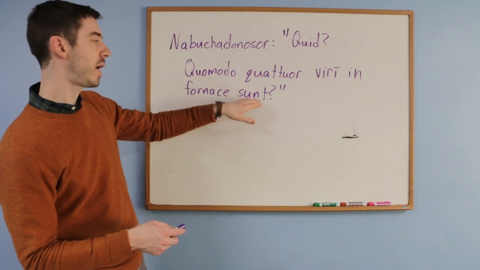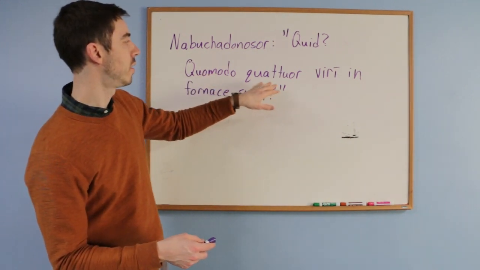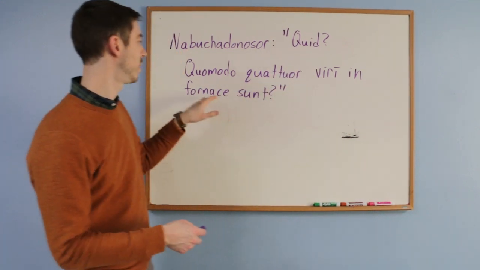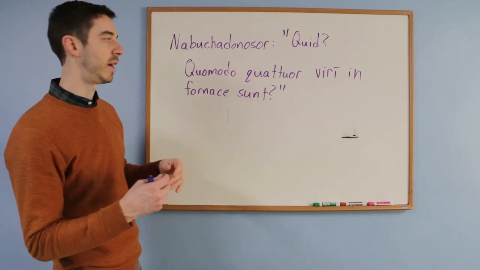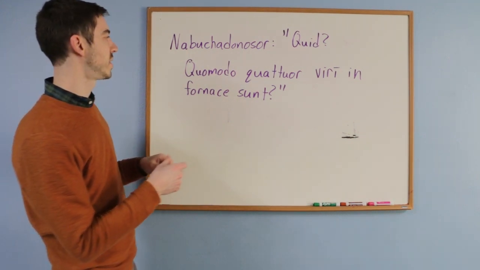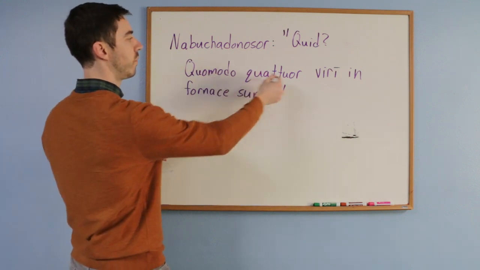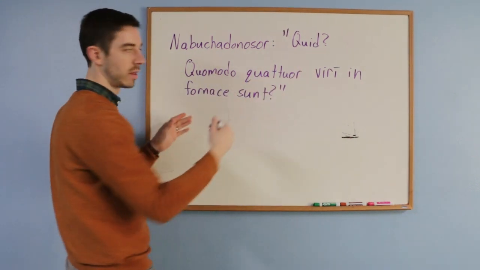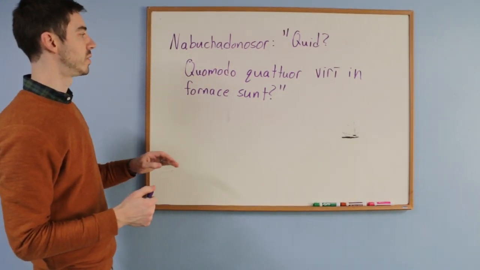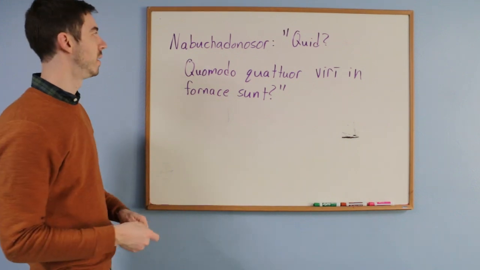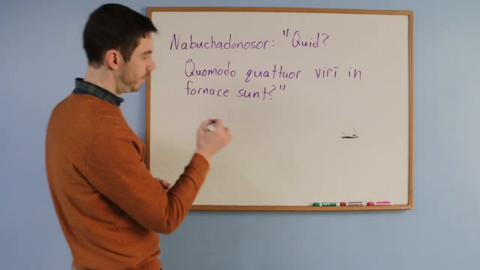How they are, so sunt means they are, how they are 4 men in the furnace. So this sounds a little funny in English, but we could say it like this, how 4 men they are in the furnace. So it sounds a little awkward when we translate it to English, but he's just saying, how are there 4 men in the furnace? Well, let's find out.